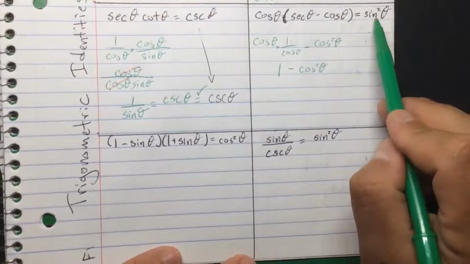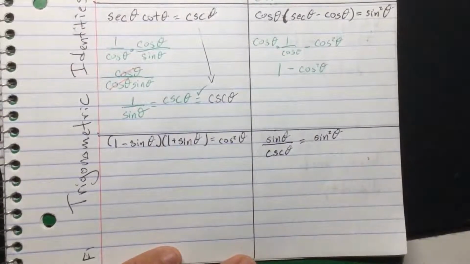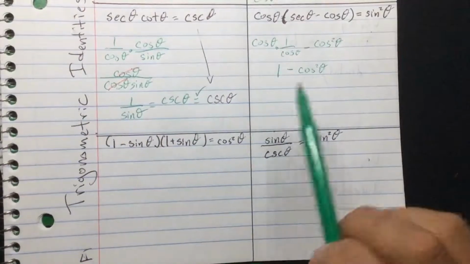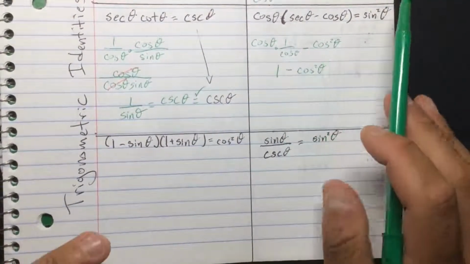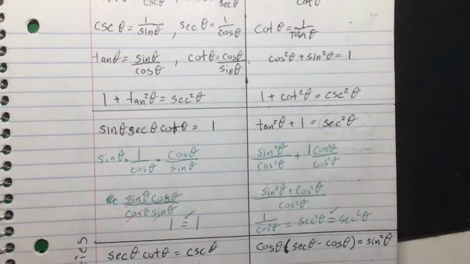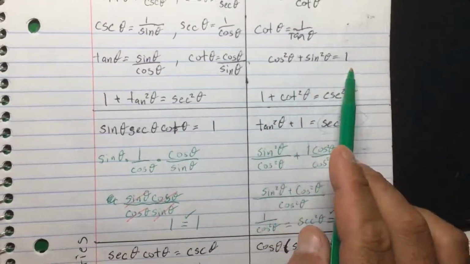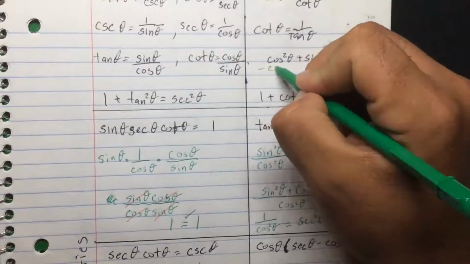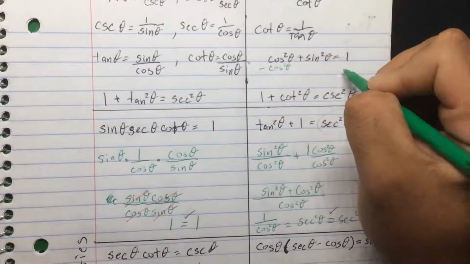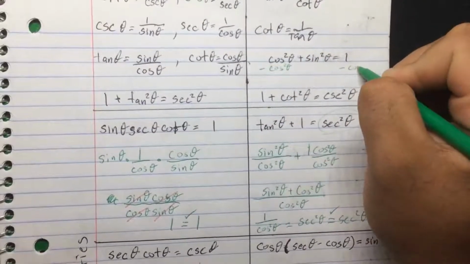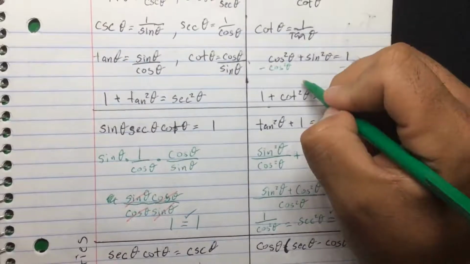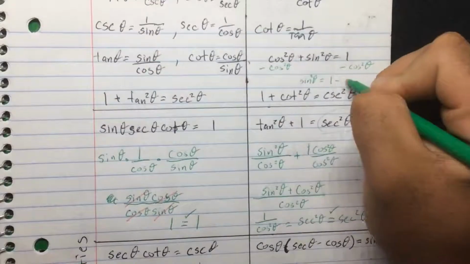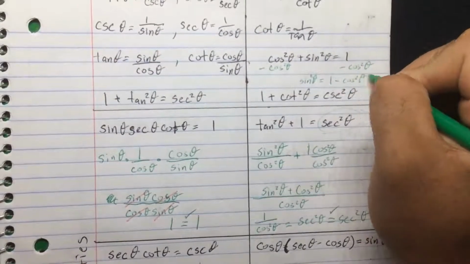And we still have to show that it is indeed sine squared theta. The way we're going to solve this part is that we're going to take the equation up here, and subtract cosine squared theta from both sides. And we're going to get sine squared theta is equal to 1 minus cosine squared theta.